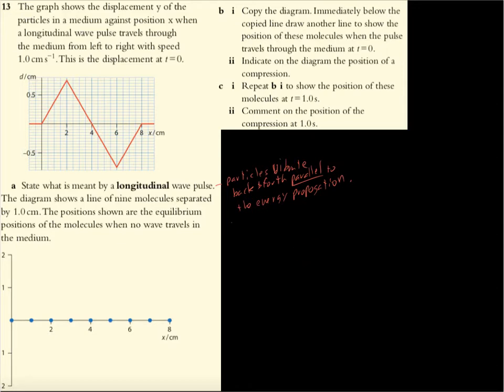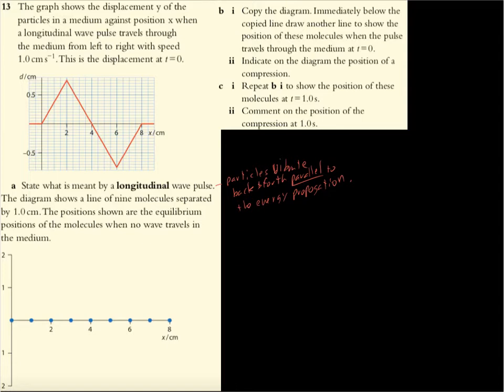All right, so the next part of this question is the diagram shows a line of 9 molecules separated by 1 centimeter. The positions shown are the equilibrium positions of the molecules when no wave travels in the medium. So for part I, we're going to copy the diagram.